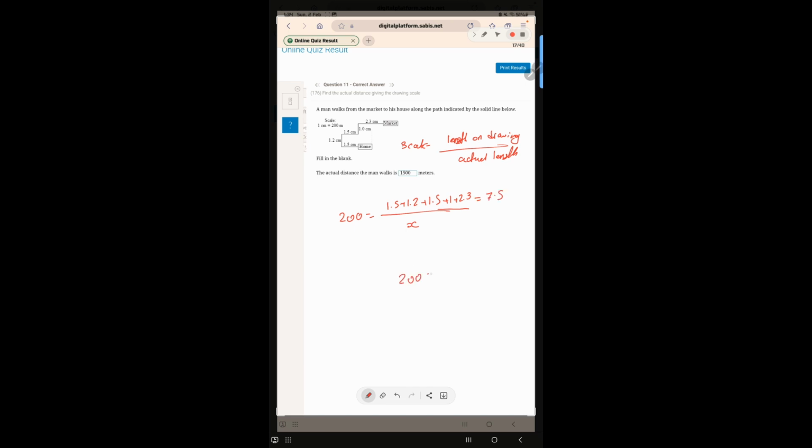So you have 200 is equal to 7.5 over x. Honestly, I don't think it's necessary to use the formula. They tell you for every centimeter it's equal to 200 meters. You got 7.5 centimeters, so you times by 200, which gives you 1,500 meters.